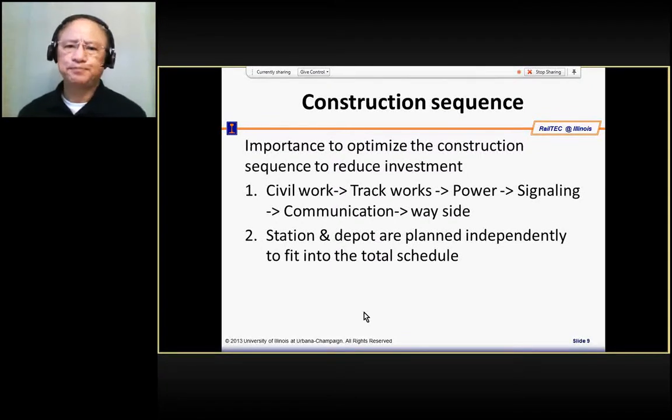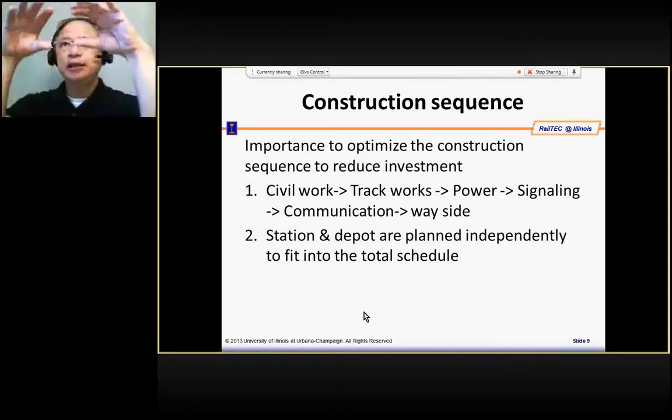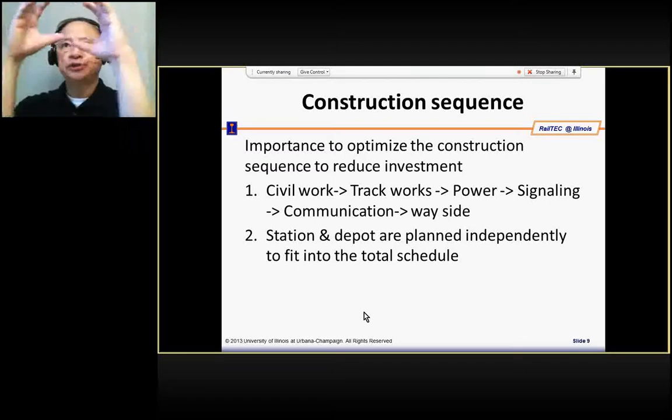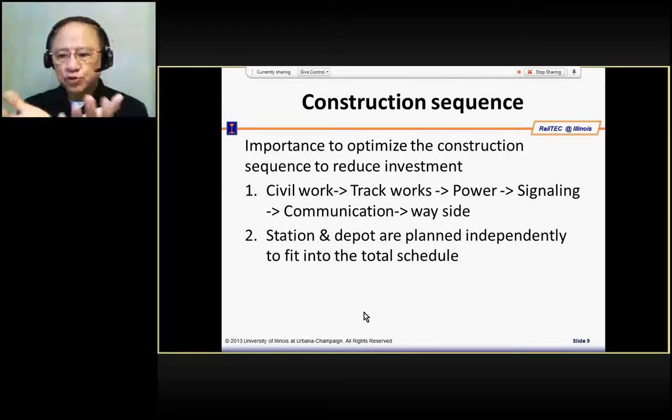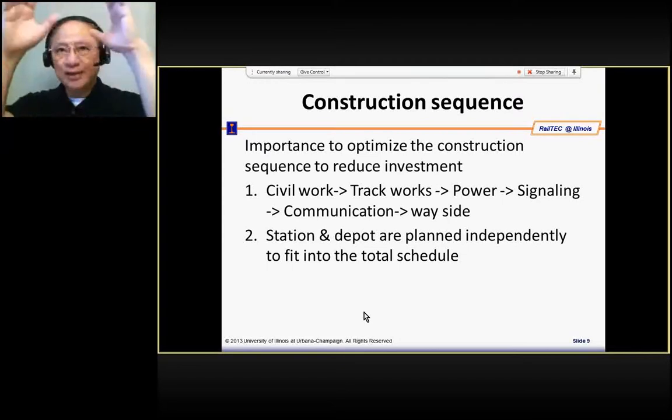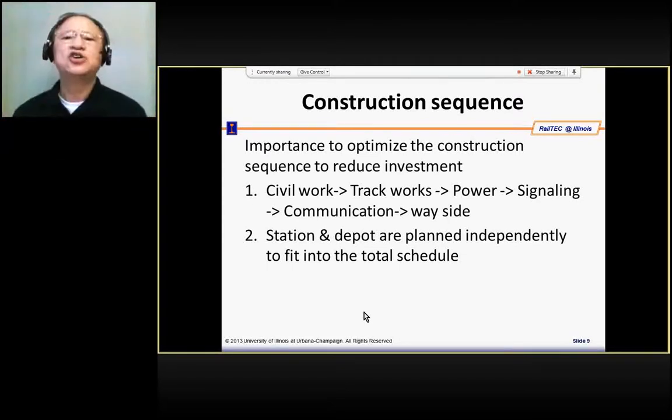The sequence. Because of this linear feature, there is actually a sequence for this construction. Our design goes from the train, then the core systems which support the train, then the track work, and then the civil work which supports the track work. So that is the design sequence. However, in construction, it's reversed.